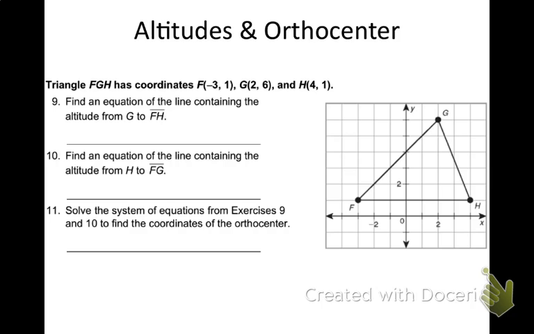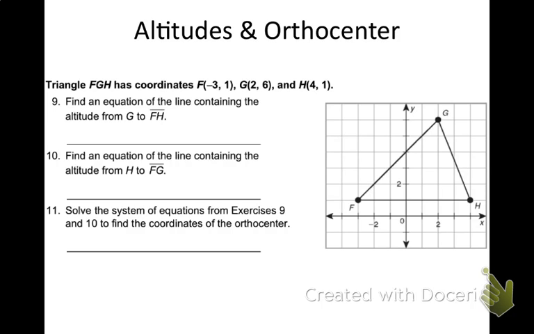The orthocenter here. So triangle FGH has coordinates F, negative 3, 1, G, 2, 6, and H, 4, 1. It says find an equation of the line containing the altitude from G to FH. As you look at the triangle, what type of line do you notice right away in that triangle?